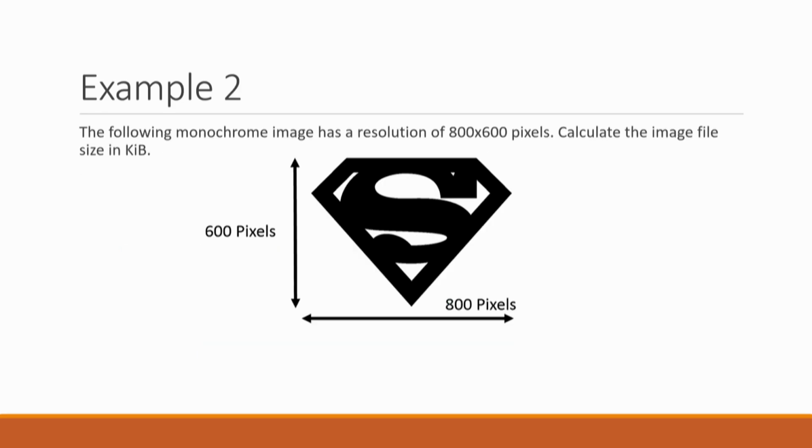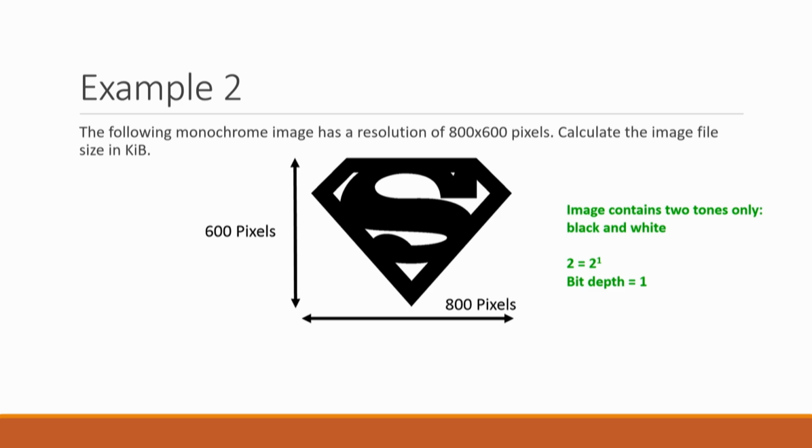Example 2. The following monochrome image has a resolution of 800 times 600 pixels. Calculate the image file size in kibibytes. Being that it is a monochrome image, there are only 2 tones of color available, black and white. The number 2 in binary is 2 to the power of 1.